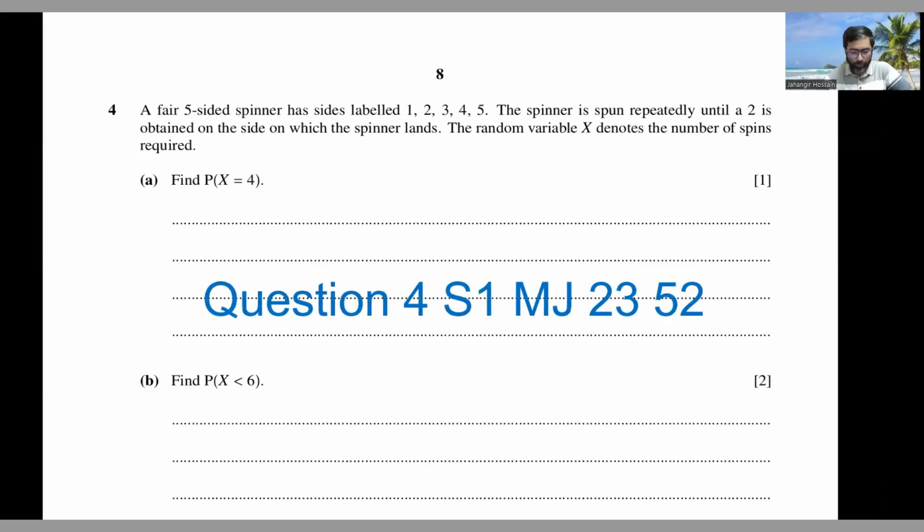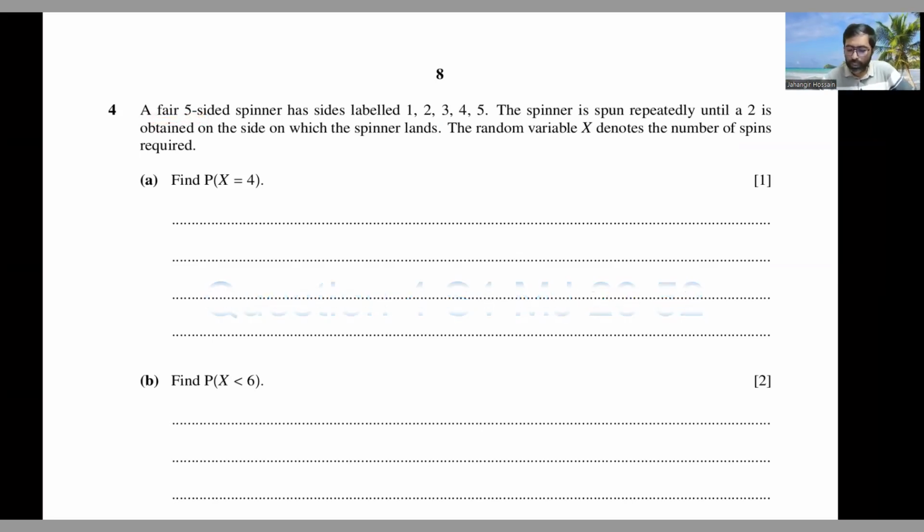In question four, you see a five-sided spinner has sides labeled 1, 2, 3, 4, 5. It is fair and five-sided, so the probability of each score is equally likely, which is 1 by 5. The spinner is spun repeatedly until a 2 is obtained on the side on which the spinner lands. The random variable X denotes the number of spins required. So here, the total number of spins is not fixed.